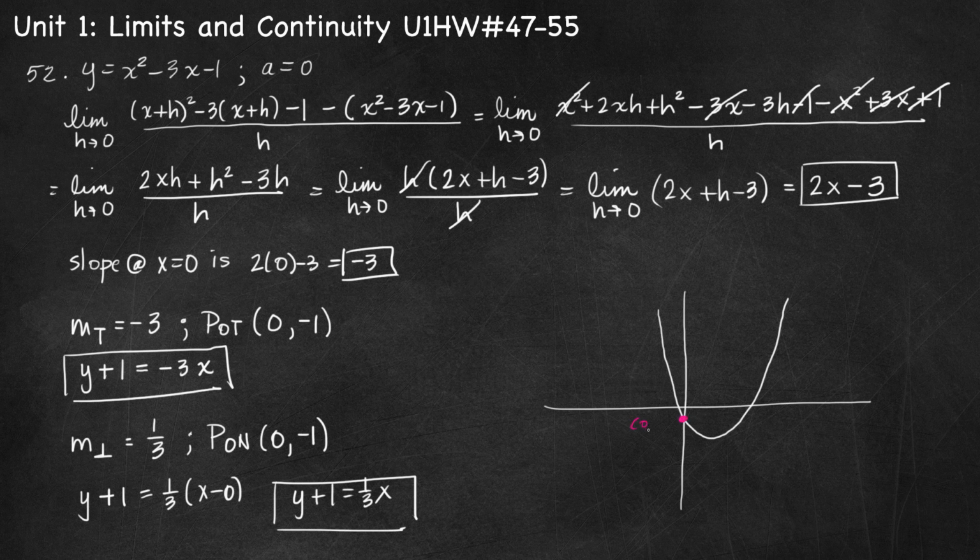Call that 0, negative 1. And then my tangent line, I'm just going to eyeball this. The tangent line looks approximately like so. And then our normal line would be perpendicular to that, but passing through that same point of tangency. So these two lines are perpendicular to one another.